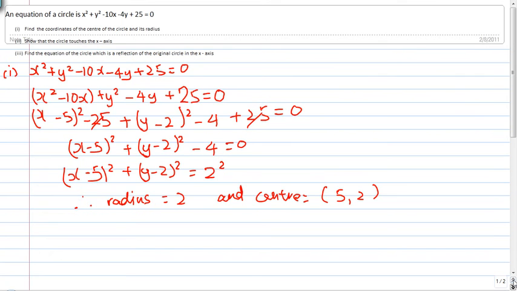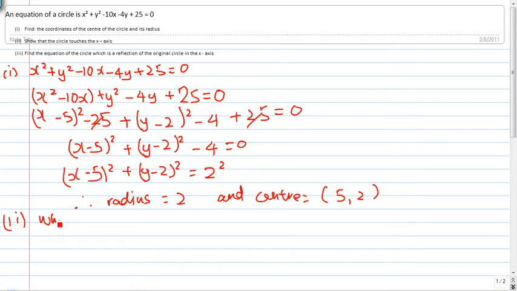Okay, part 2's question is show that the circle touches the x-axis. Okay, it's quite simple here. Now we know that the equation of the circle is x minus 5 squared plus y minus 2 squared equals 2 squared.